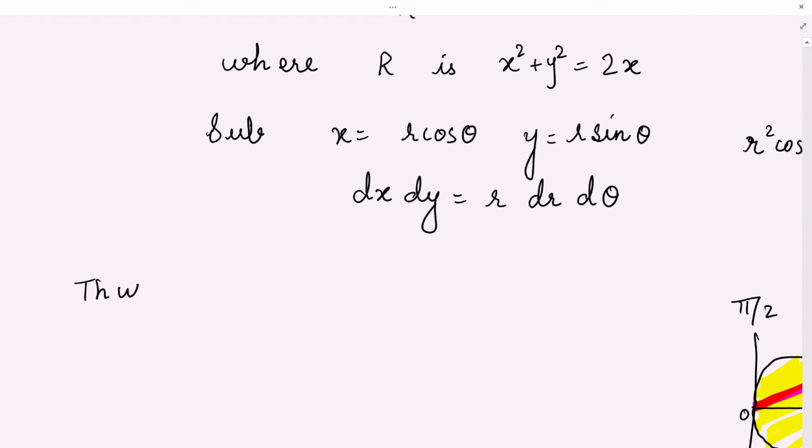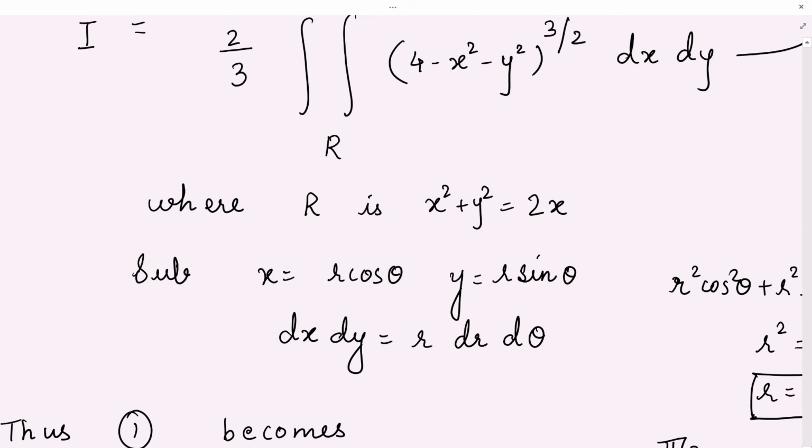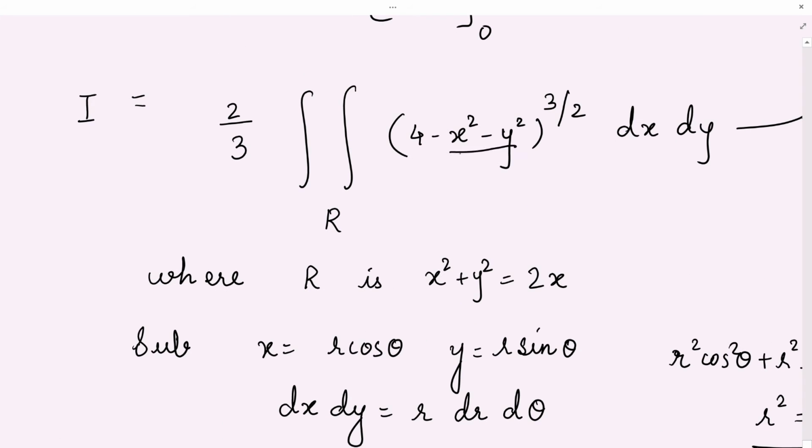Thus my equation 1 will become I is equal to, so the outer limits will be for theta minus pi by 2 to pi by 2. The inner limits will be for r, 0 to 2 cos theta. And the integrand is what now? 4 minus x square minus y square.